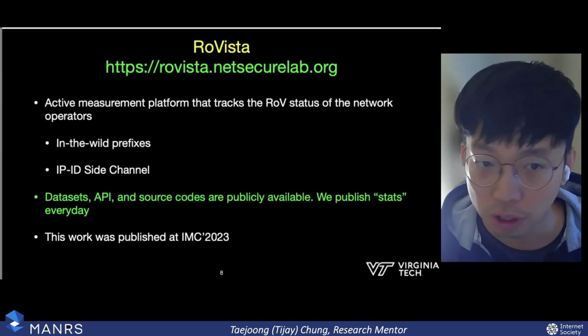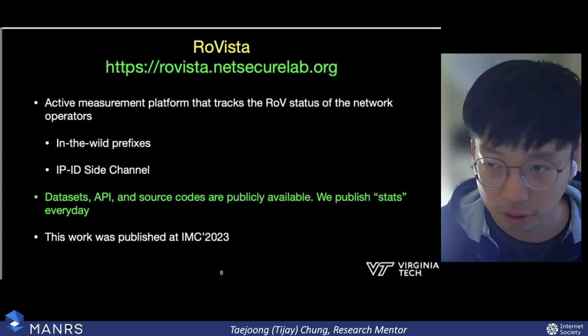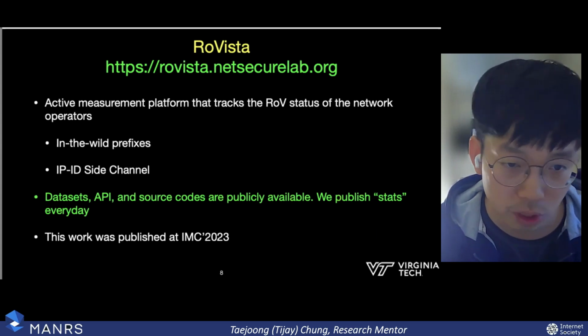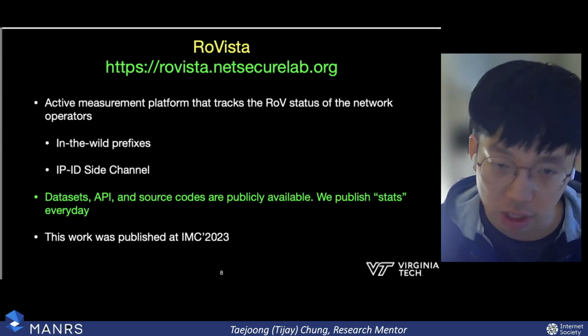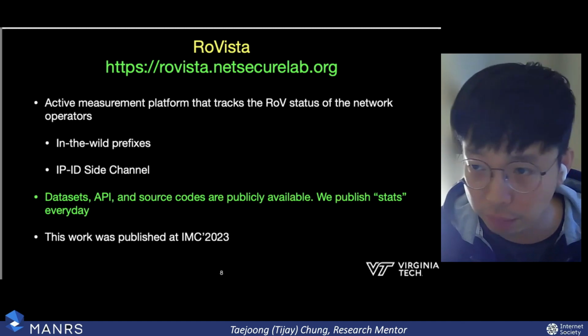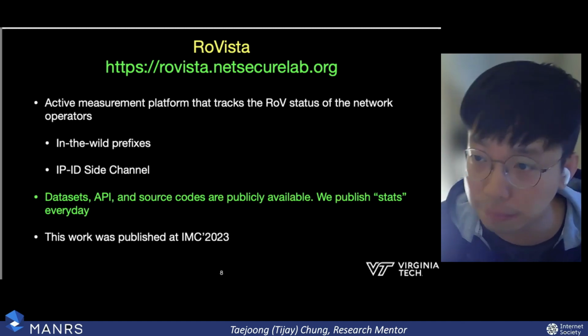So in this work, we built a methodology and a platform called RoVista, which is an active measurement platform that tracks the ROV status of network operators using two techniques. The first one is in-the-wild prefixes. The concept is really simple.